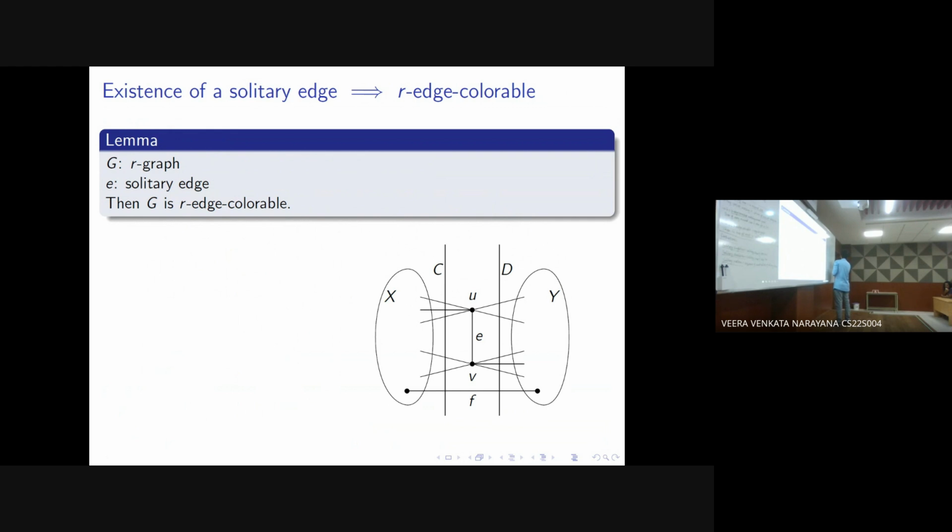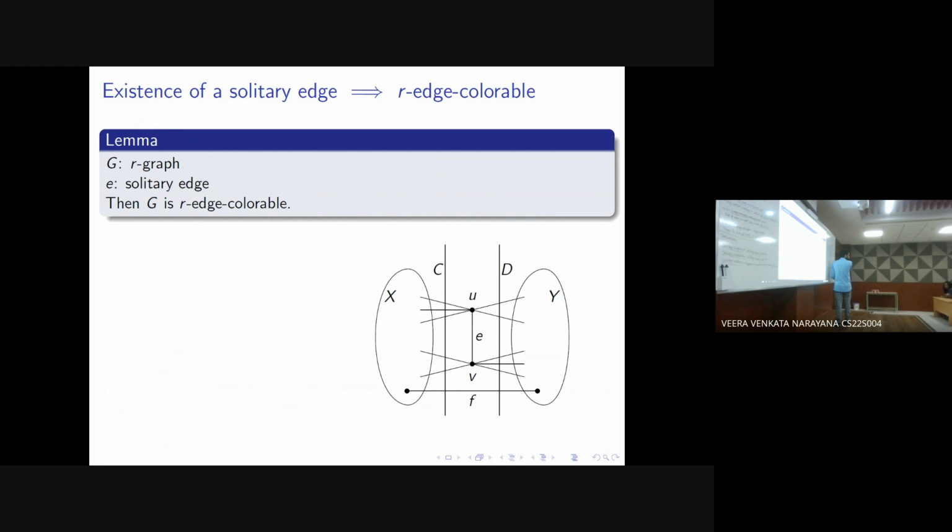So this is a solitary edge, and if you remove both ends, you'll have an odd cut. Therefore, X is odd, Y is odd. And we know, since this is an r-graph, the number of edges going outside from X is at least r, and the number of edges going outside from Y is also at least r. And what about this?